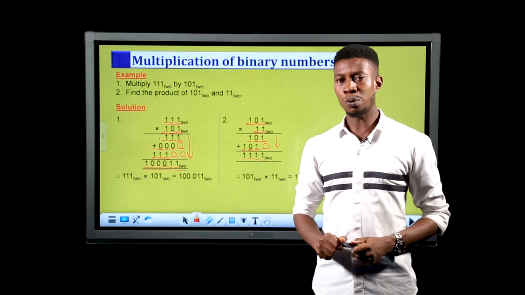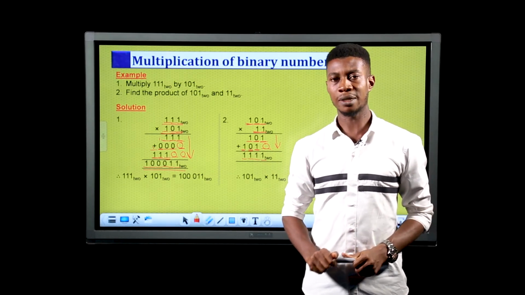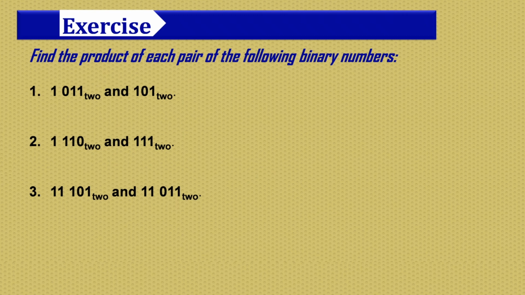Having seen these examples, let's try out some exercise. Now, at this point, you pause the video and try out the exercise yourself. I'm sure you are done. The answer to question 1 is 110111.